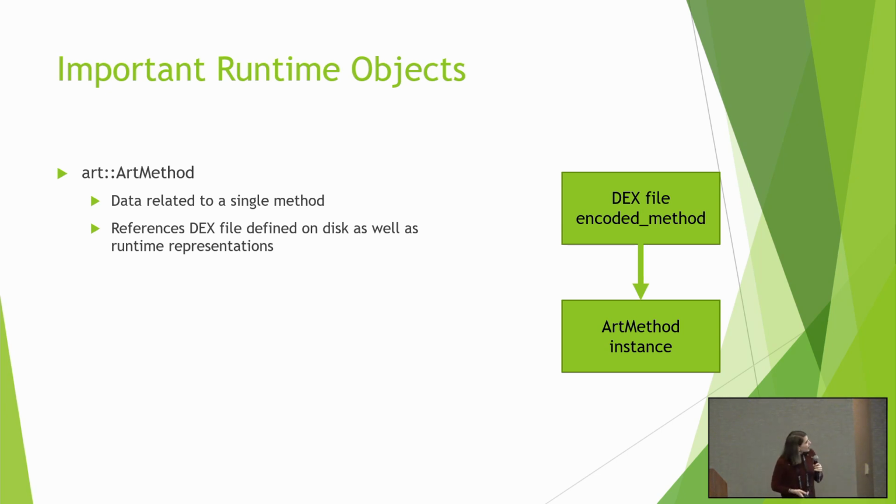So the data inside of this ART method object is related to a single method, but it references some of the method data that's defined on disk, as well as some of the method data that's defined within the runtime. So it's just got pointers going to many different locations, and it's really confusing to read, but we'll do our best to look at some of the high-level source code to try and understand and figure out a target within this, try and hook and modify.